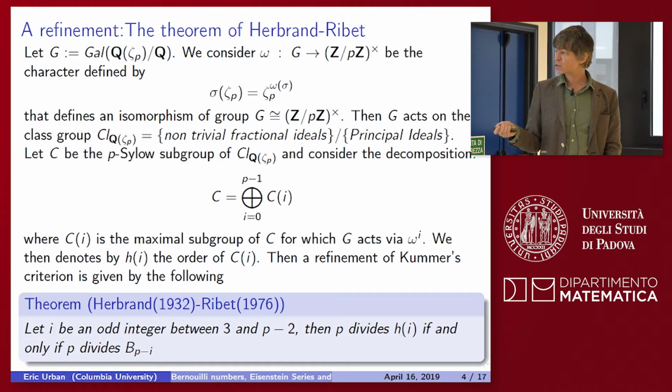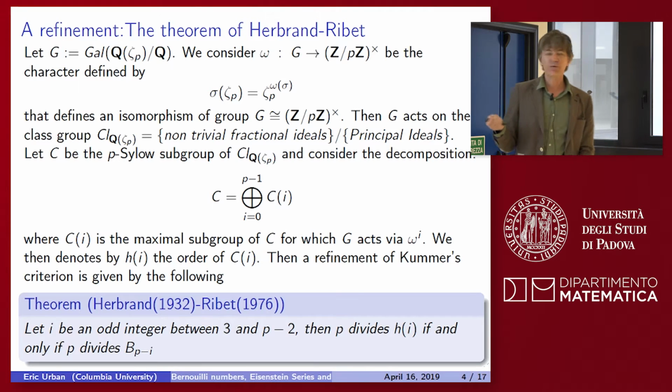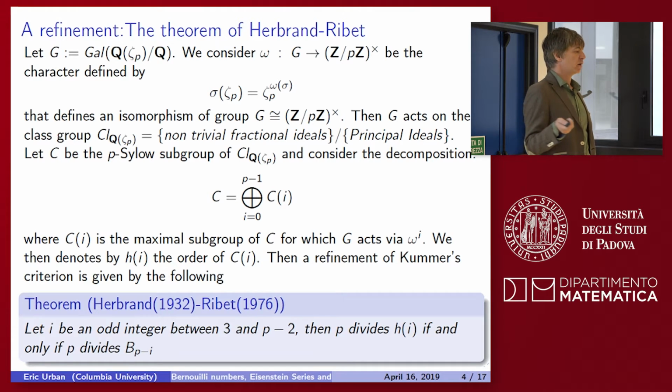So it can be seen as a refinement, although here you can see that the even integers are not considered. So you may wonder if this is really a refinement of Kummer's criterion, but it is one, because Kummer proved that if p divides h_i for some even integer i, then p has to divide h_i for some odd integer i.